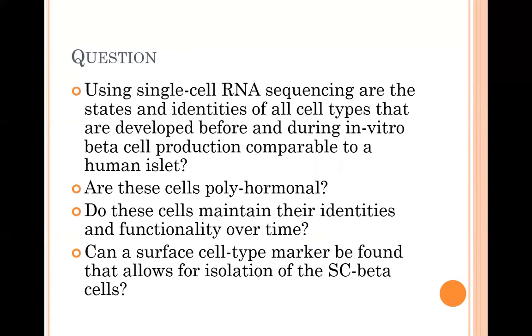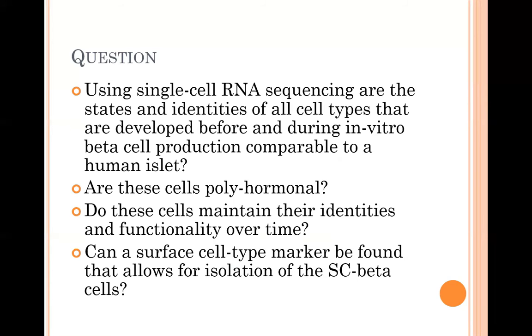The questions that this paper is going to be asking and answering throughout these different experiments are, first, using single cell RNA sequencing, are the states and identities of all cell types that are developed before and during in vitro beta cell production comparable to a human islet, as well as some previous protocols that this paper brings up?